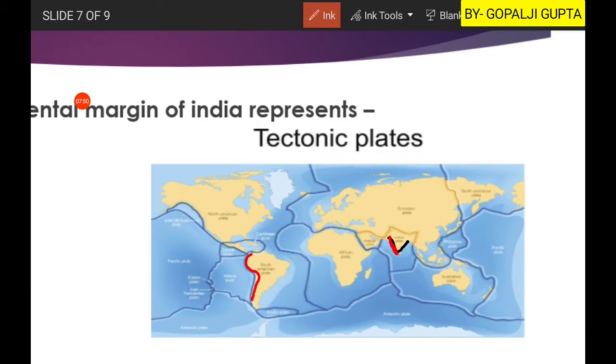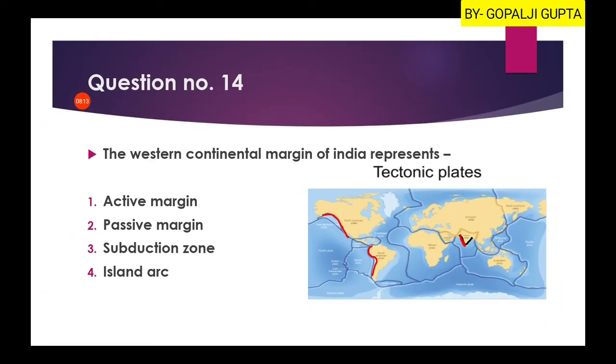Also in North America you can see that the western boundary of North America coincides with the plate boundary, so they are termed active margins. But in the case of India, Africa, and Australia, they do not represent plate boundaries, so they will be termed passive boundaries or passive margins. So the second option will be our right answer.